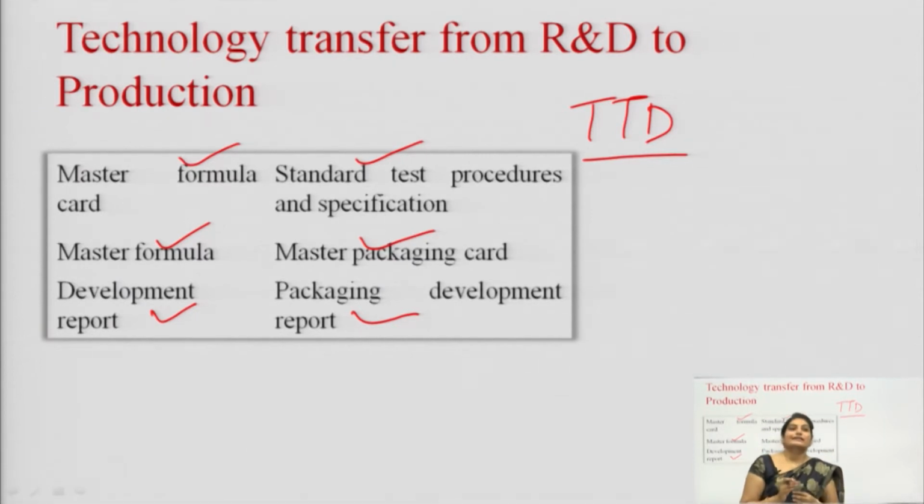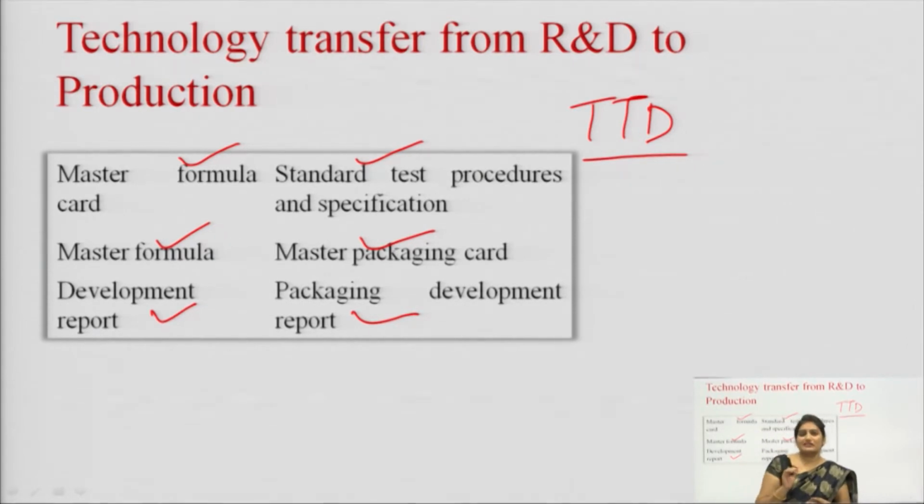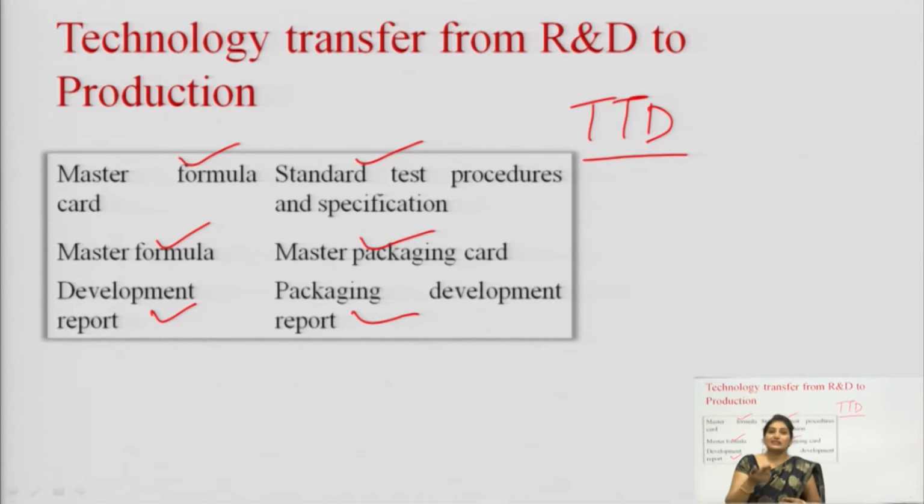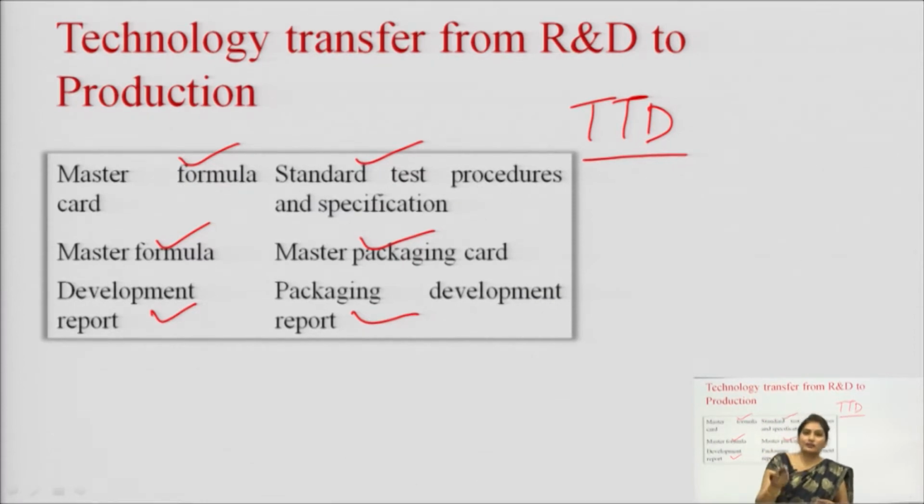Next is standard test procedures and specifications. There are two things: first is standard test procedure and second is specification. Standard test procedure will explain the procedure for conducting the quality control tests, which are the tests conducted to check the quality of the product.